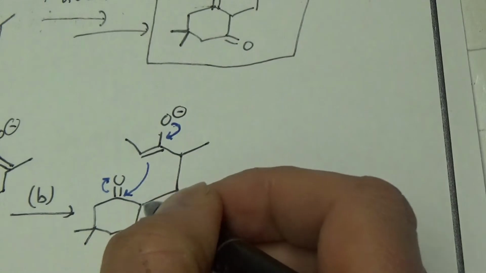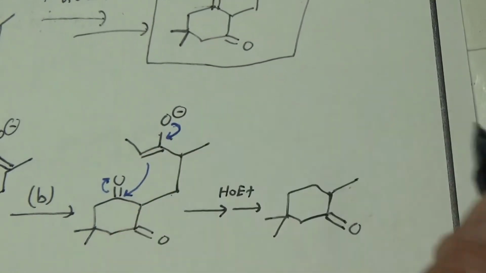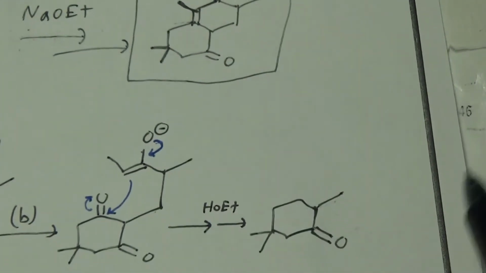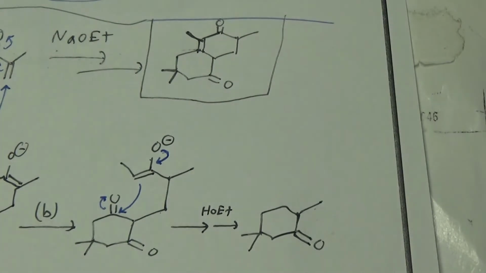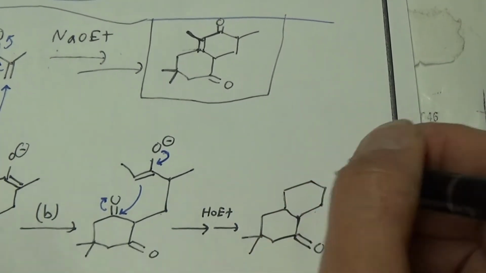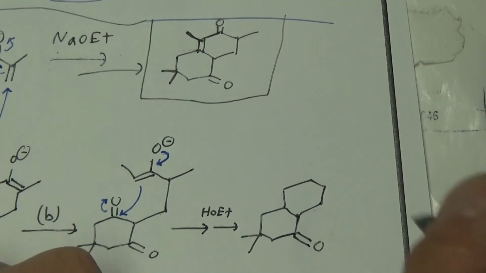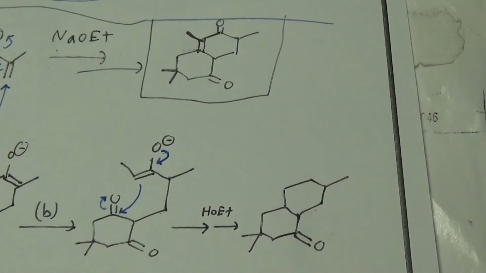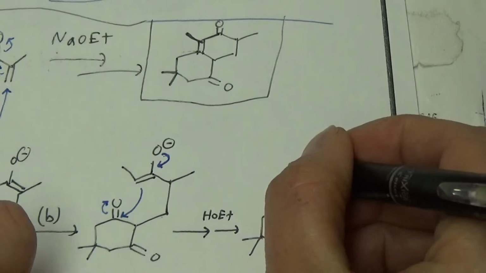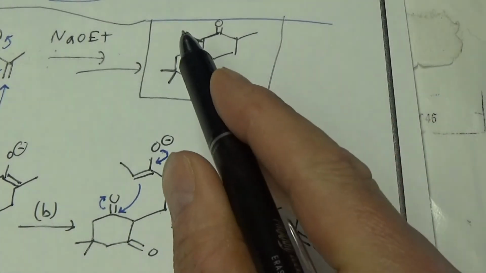It's always 6 carbons, so it should be 1, 2, 3, 4, 5, 6. So it's a 6-member ring, and of course we see a 6-member ring up top, so we know where we're going with this. There's our 6-member ring. And what else is missing? Methyl is missing. This now is a ketone, which we see in the product. Anything else missing? The methyl is missing.